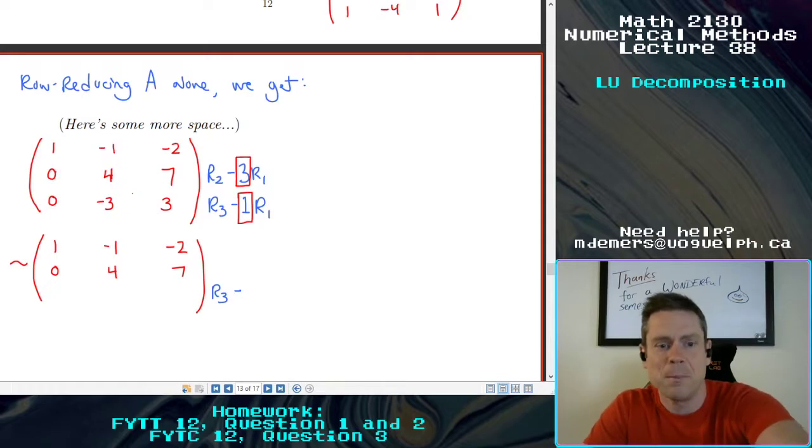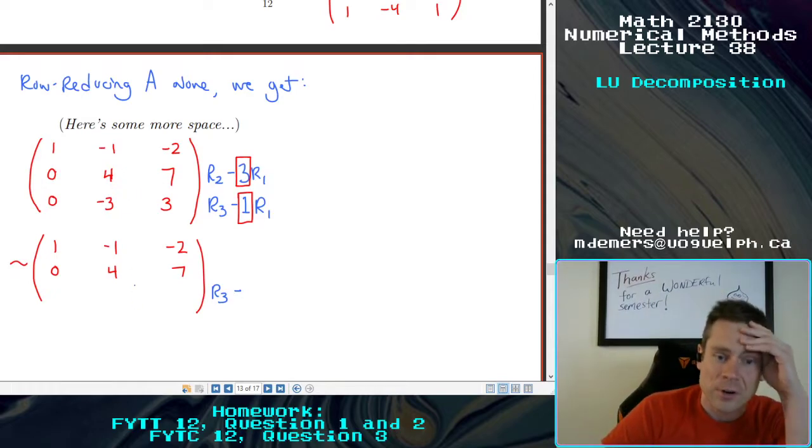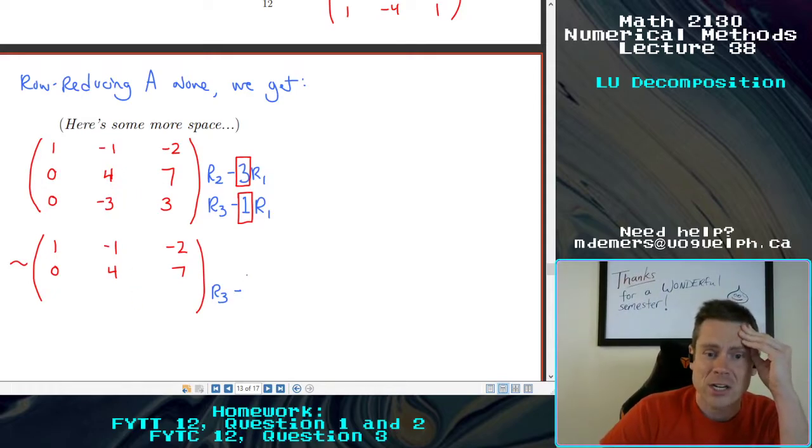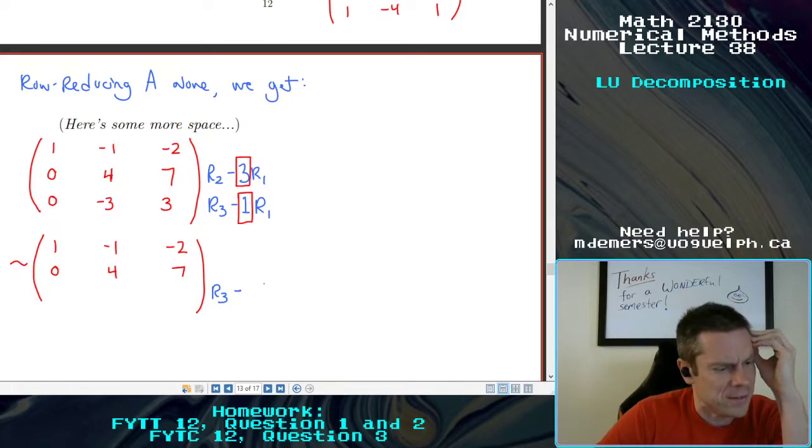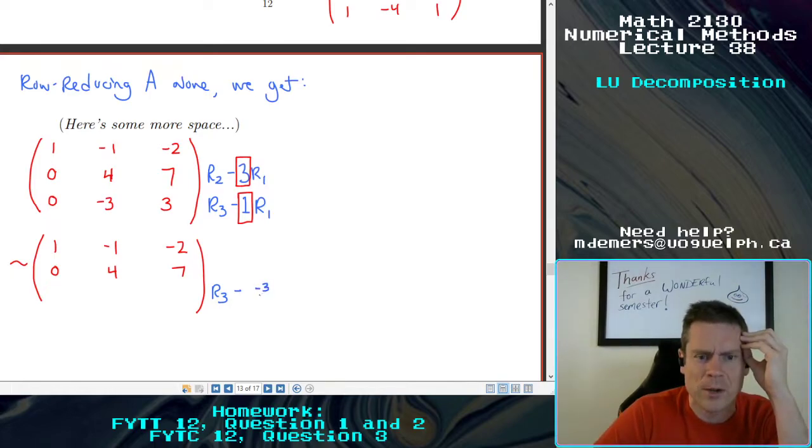So I need to take some multiple of 4. That's going to bring me down to 0 here. And I think that the magic number is going to be, let's see here, row 3, minus 3. I need to subtract negative 3/4 of the second row, I believe. Right? I think that's what it needs to be. So minus 3/4 times row 2.